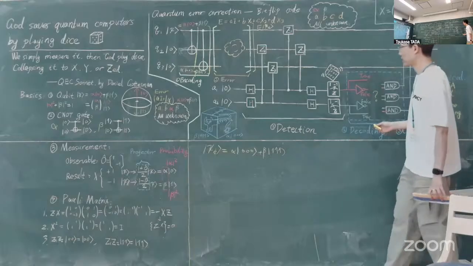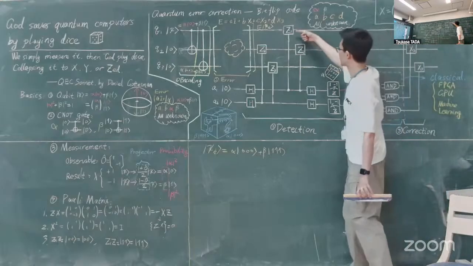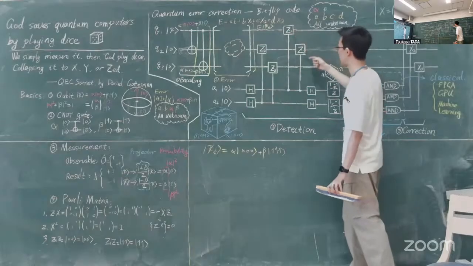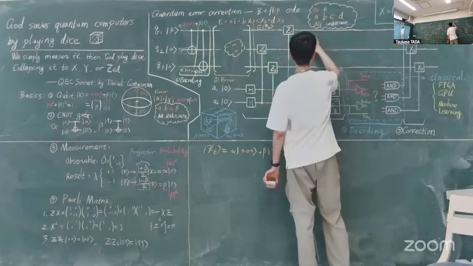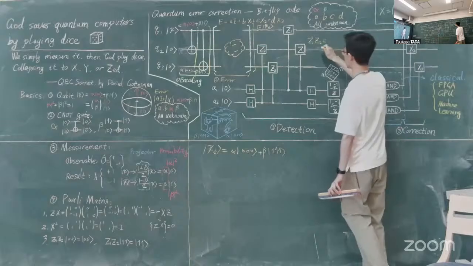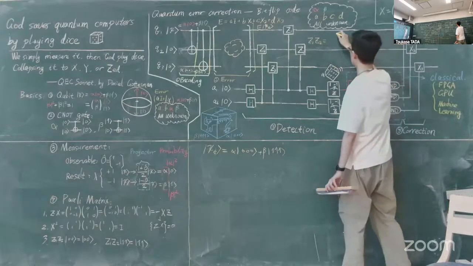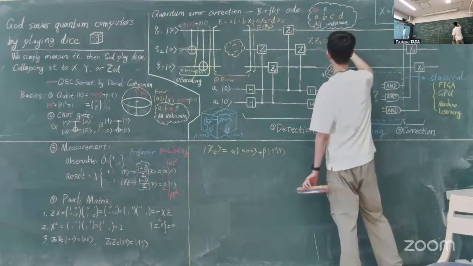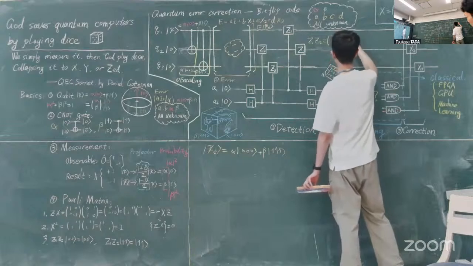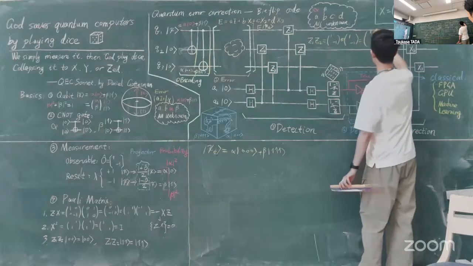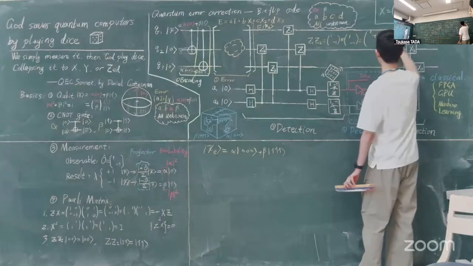You can see that there is a product of two operators here, Z1, Z2, and we can write it as the tensor product of two matrices: the tensor product of diag(1, -1) with diag(1, -1), which is equal to diag(1, -1, -1, 1).